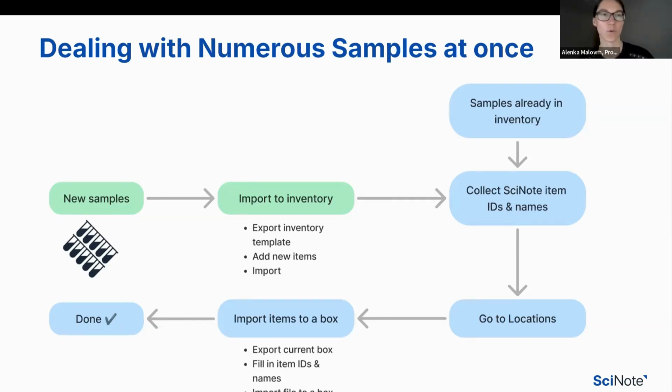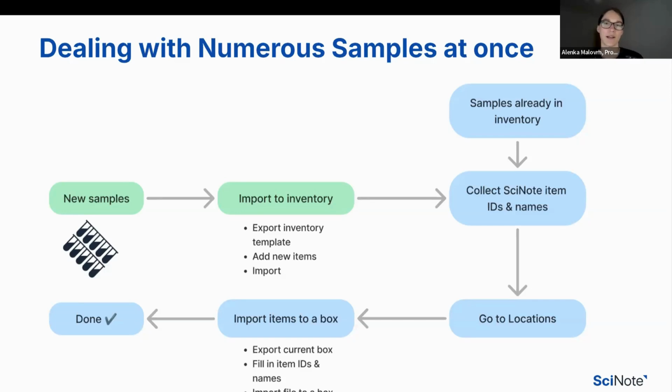For example, if you're already having some samples within your inventories and just want to properly position and locate them to your boxes or to locations that you're creating, or how to start when you have a new set of samples that are not yet in your inventory. So for a successful import to a box, you'll need to collect SciNote item IDs from SciNote, and optionally also item names.